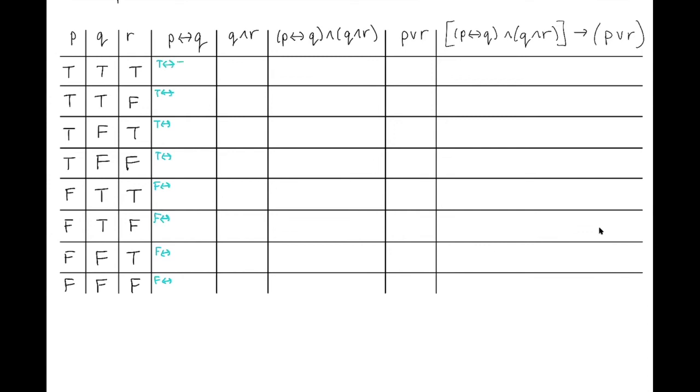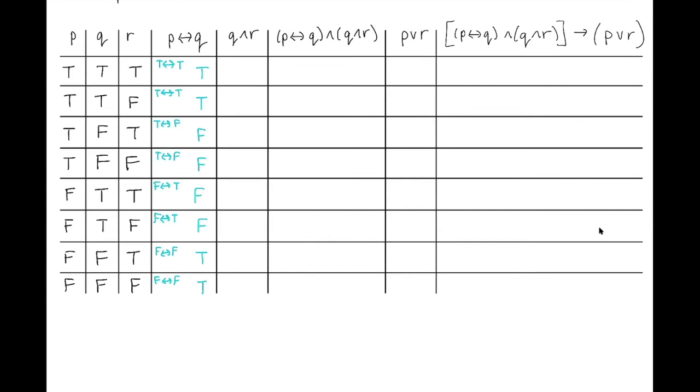And then we put Q, which is true, true, false, false, true, true, false, false. So for the double-sided arrow, you need both of them to be the same. So these are true, but these aren't the same, not the same, not the same, not the same, then both the same. So it's true when they're exactly the same thing.